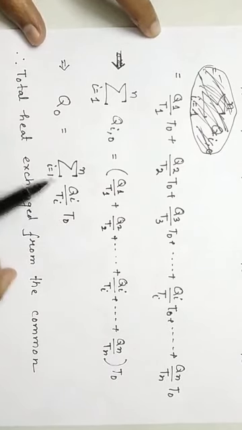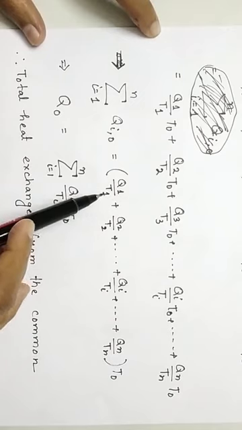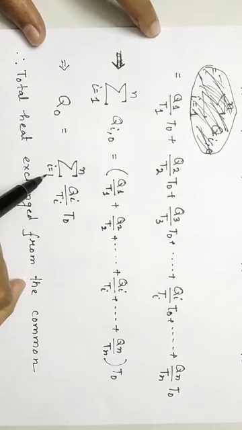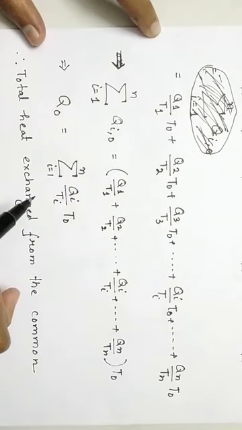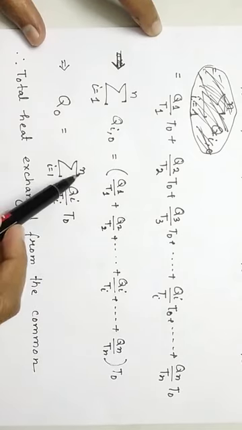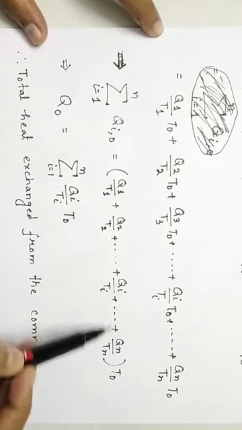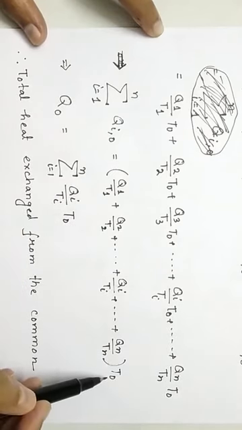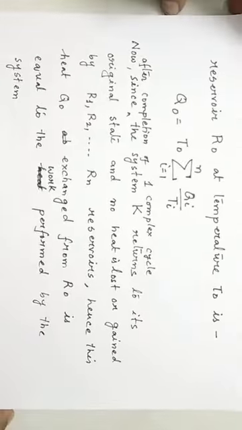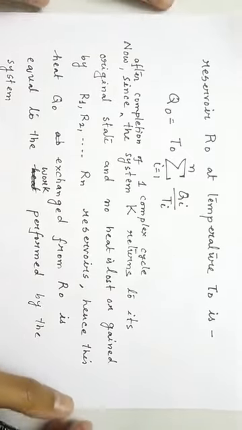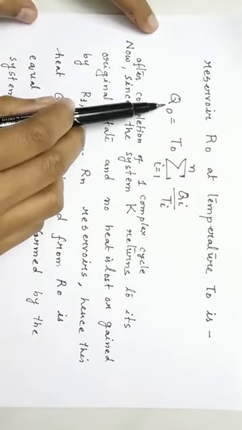So if we put i equals 1, we will have Q1 by T1, plus for i equals 2 we will have Q2 by T2, then for i equals 3 we will have Q3 by T3, like this. For i equals n, we will have Qn by Tn, then this T0.